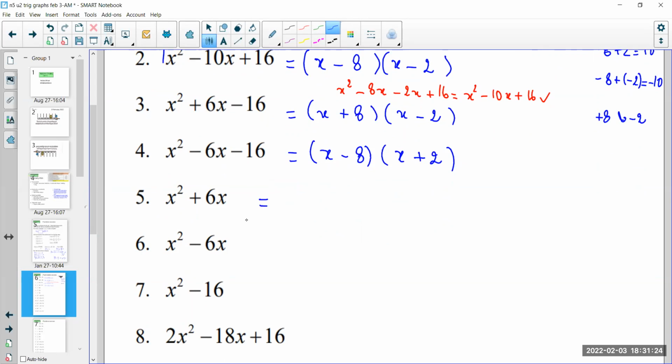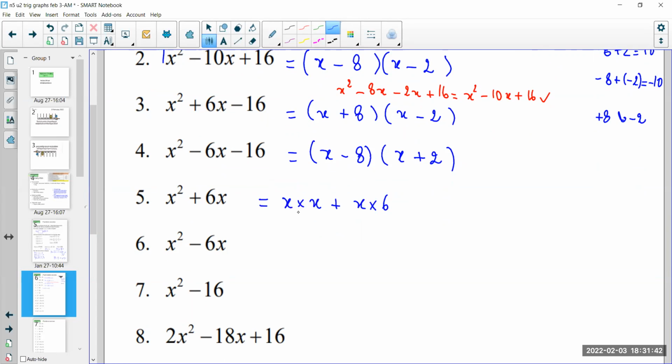On the next one, we've been asked to factorize. I can see a common factor. The common factor between x squared and 6x, remember x squared just means x times x, plus x times 6, that's what 6x means.